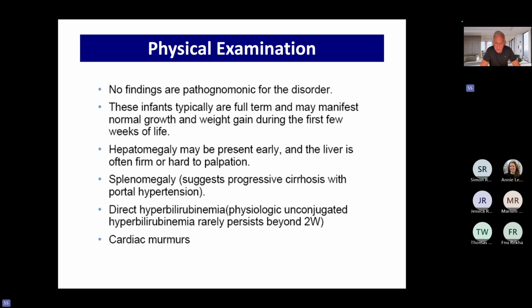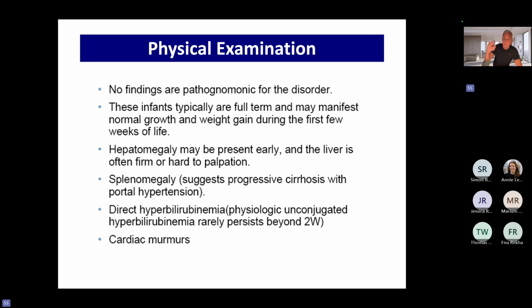That's in contrast to some of the other cholestatic disorders where you get bilirubins in the teens or even higher. In biliary atresia, it sounds intuitively like it doesn't make any sense, but that's the way it is. The typical total bilirubin level in these babies is 8 to 9, with about 50% being conjugated.